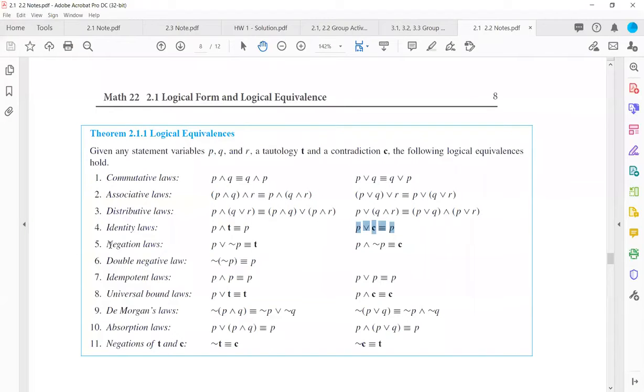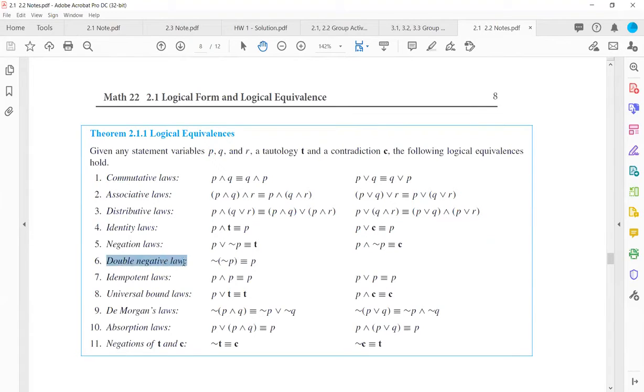Very well. More laws. Negation laws. So what if you just combine a statement? It can be any statement. Its negation using or. We already proved this. It's going to be a tautology. It's always true. If you combine a statement, any statement, with its negation using and, it's always false, or it is a contradiction.